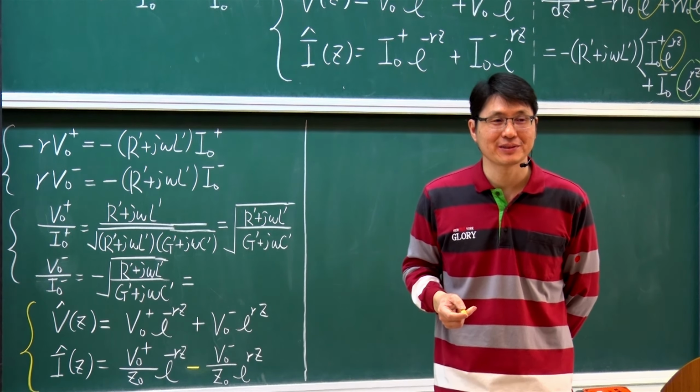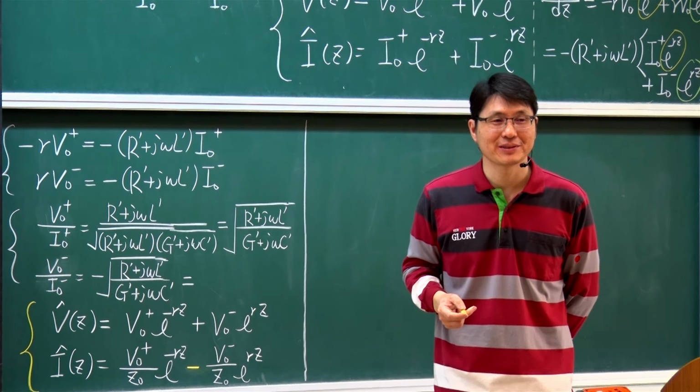Which is really not too bad. So let's define this as Z0 and define this as negative Z0. Now you have to think: how can impedance take a negative sign?